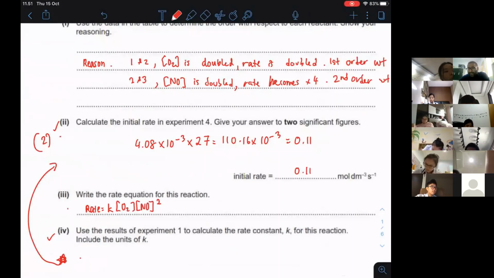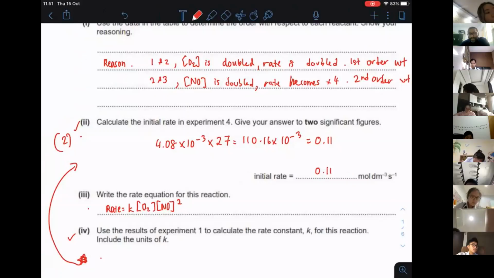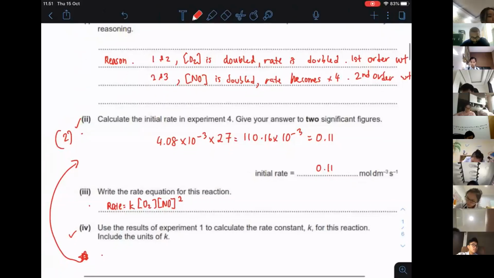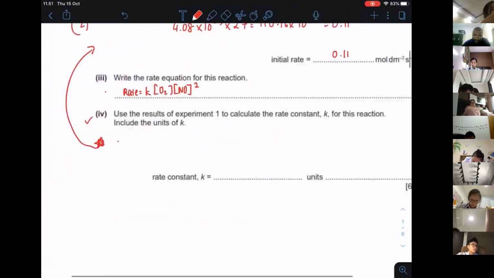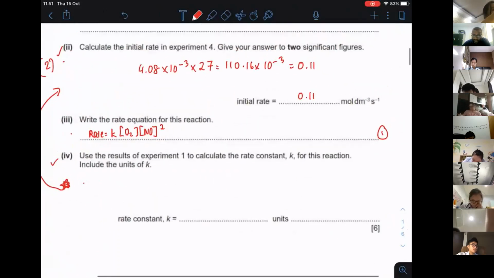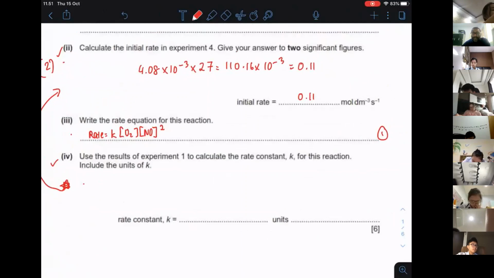So it depends. This one will always be 1 mark actually. If you get stuck with a strict examiner, you won't know who they are, you will lose 2 marks out of this 3 marks question. This total will be 3 marks.